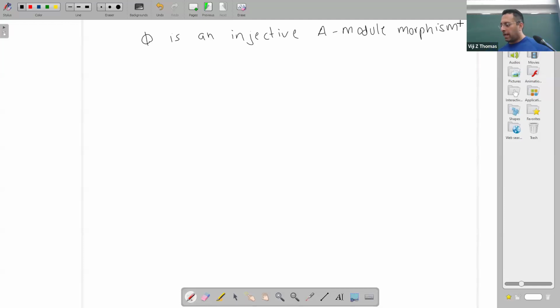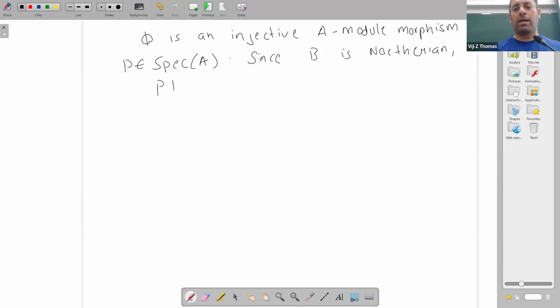Now what we want to do is take P belonging to Spec A, meaning P is a prime ideal in A, and consider PB. Since B is Noetherian, what can you say about PB? Finitely generated. Very good. PB is a finitely generated ideal.